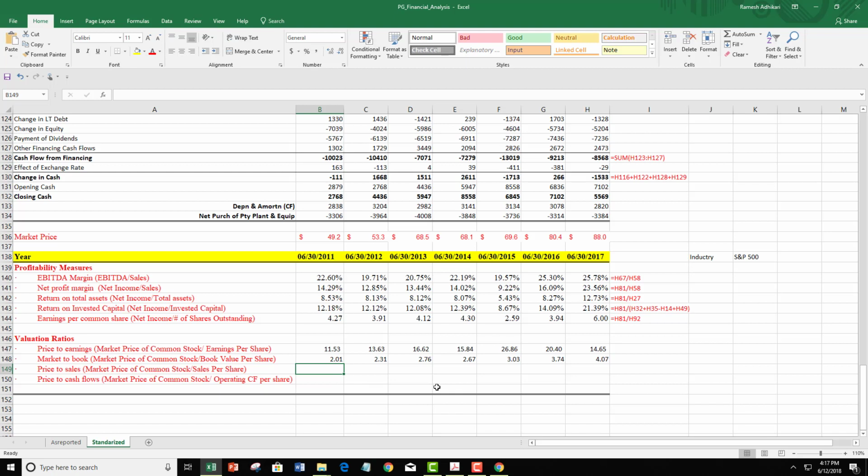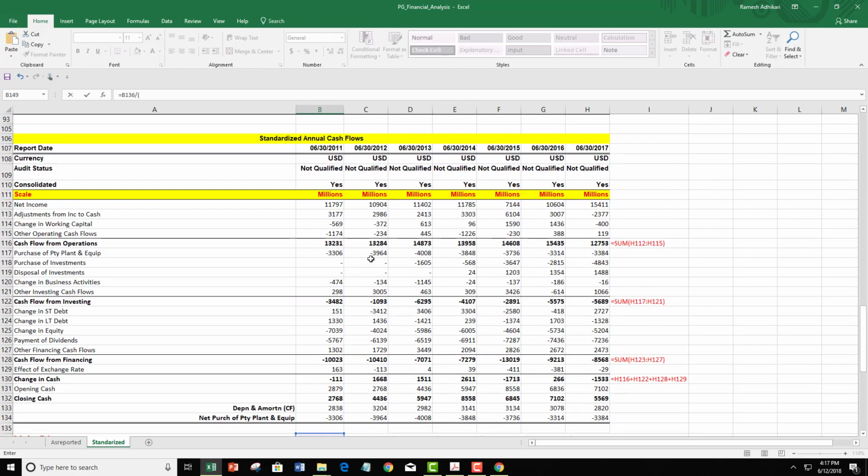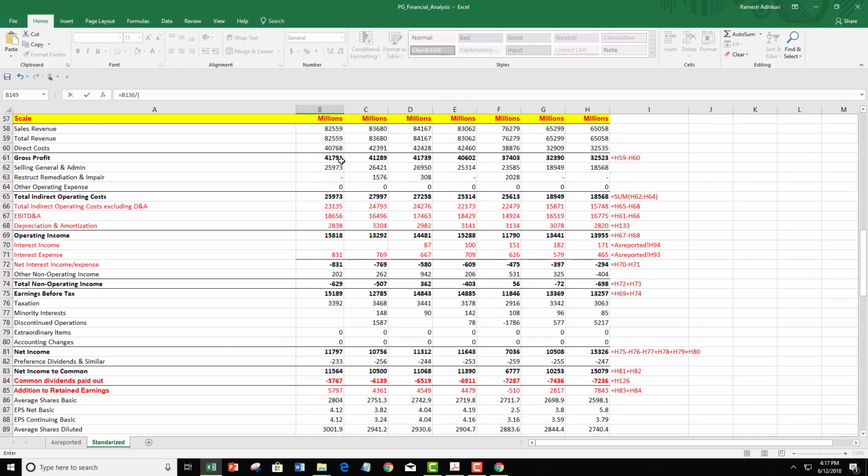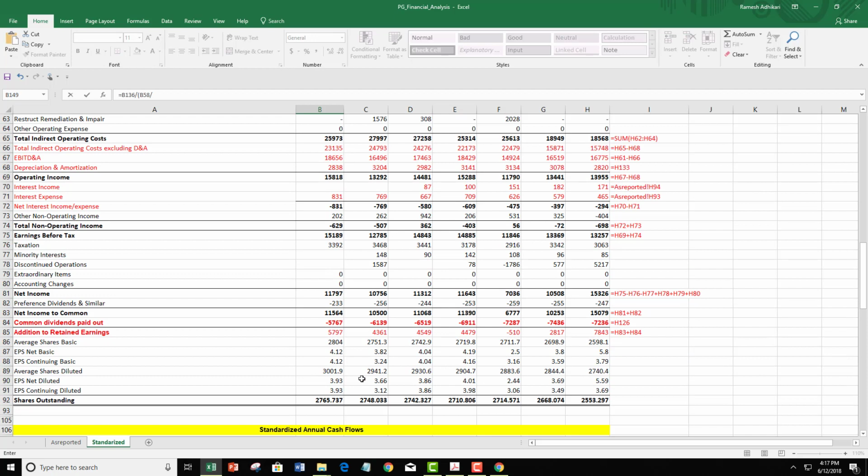The third one is price to sales. Price to sales is the market price of the common stock divided by sales per share. That is going to be market price divided by, in brackets, sales per share, meaning total revenue divided by number of shares outstanding.